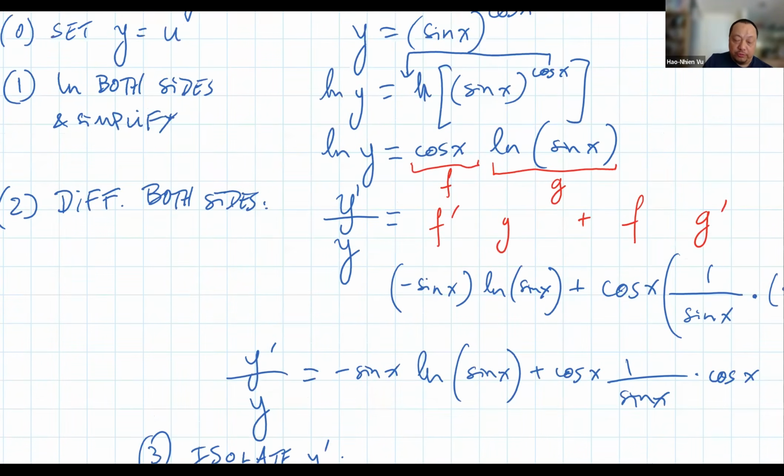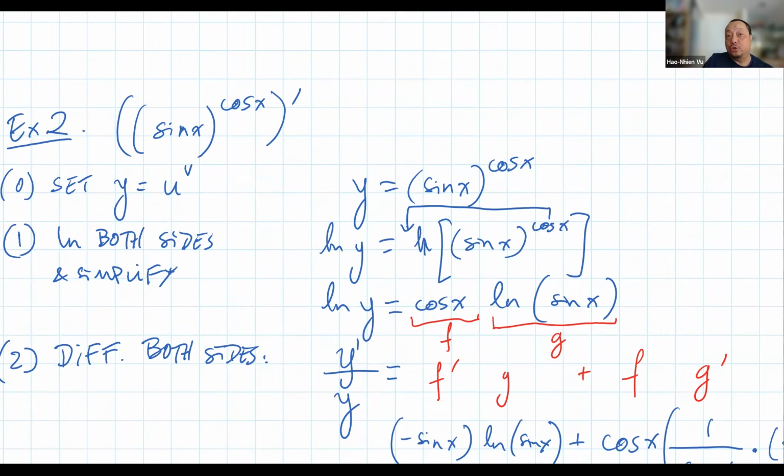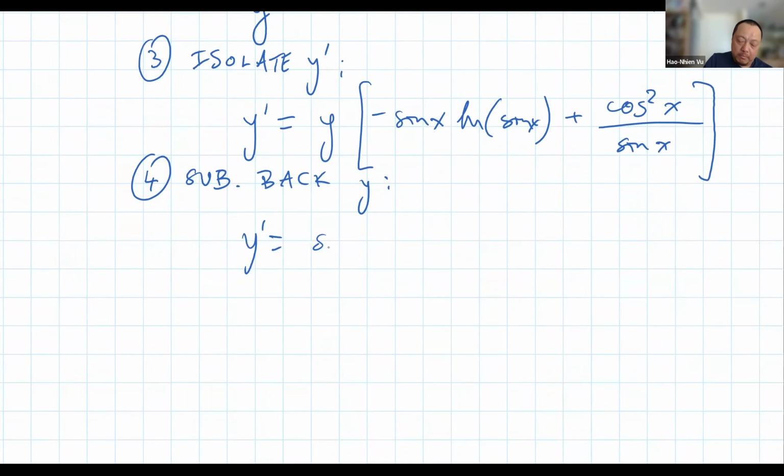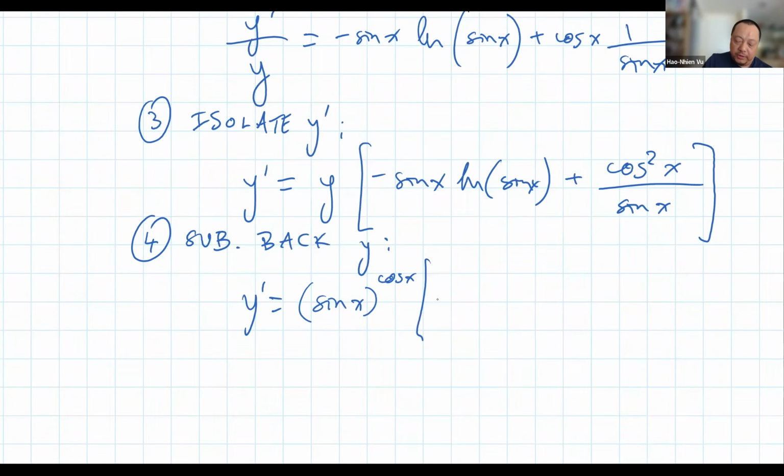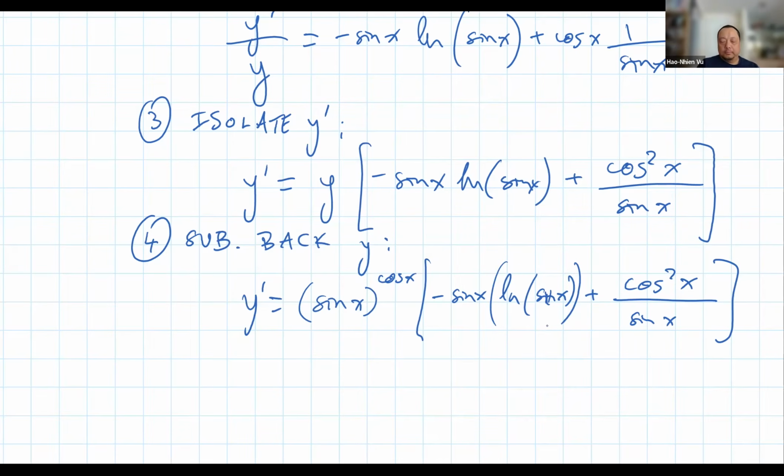Y was the original function up here, sine x to the power cosine x, and then times all of this. And just to avoid confusion, I'm going to put parentheses around the sin x like this. Final answer. I'm not going to box it up because too many lines, just too messy. I'm just going to leave it like this.